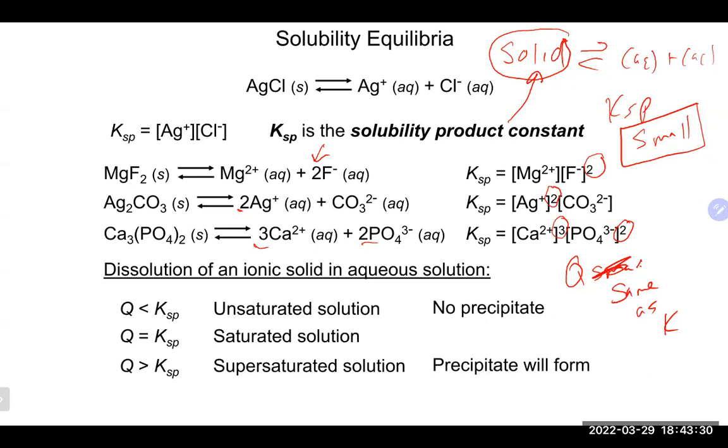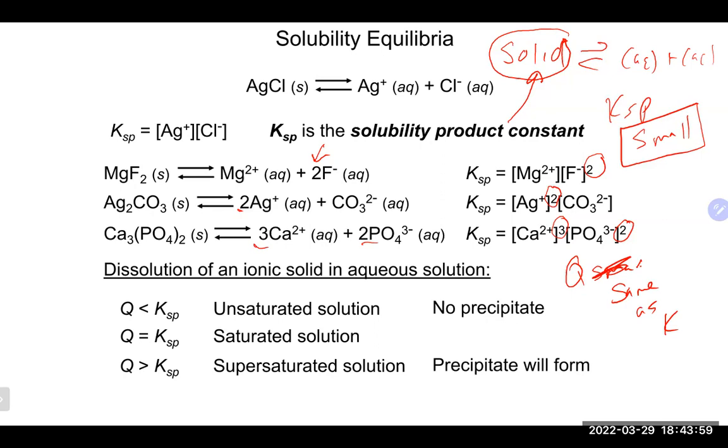In a KSP situation, the reactants are solid, so they're not included. Just as before, when we use Q to ask whether we're at equilibrium and which way we need to go to reach it, here we use Q and compare it to the KSP to understand whether we would expect a precipitate to form.